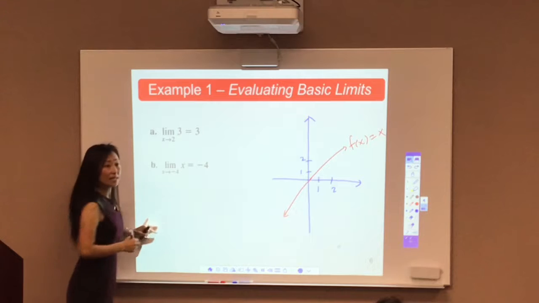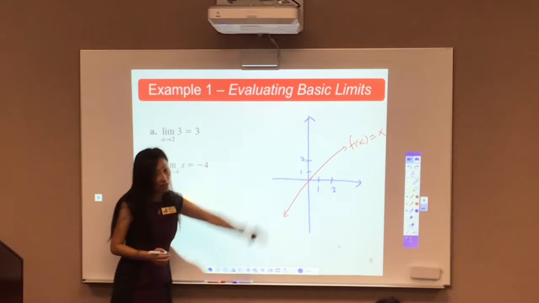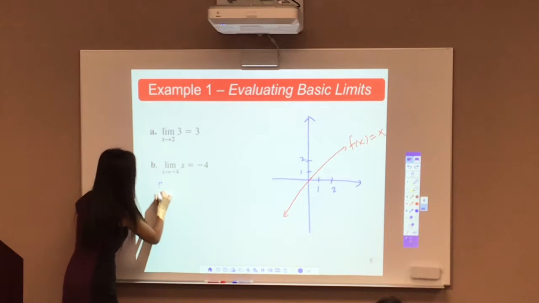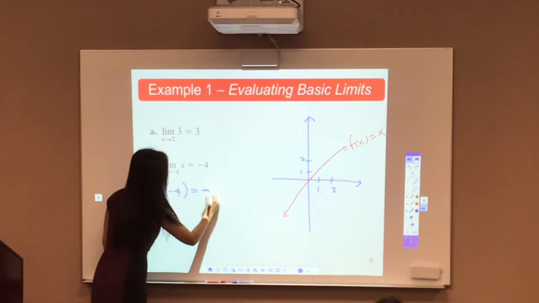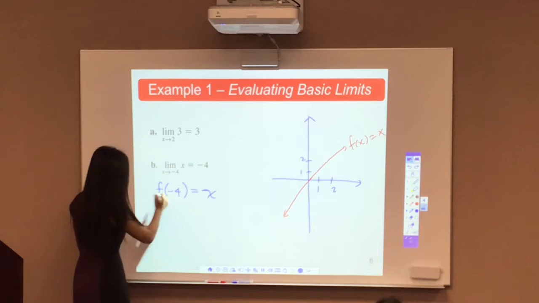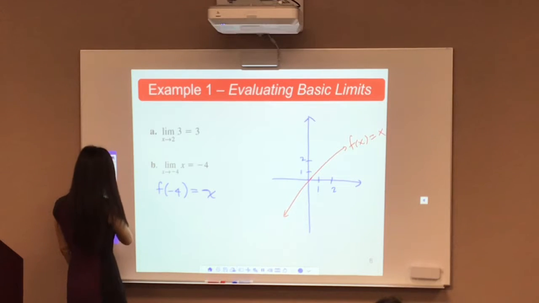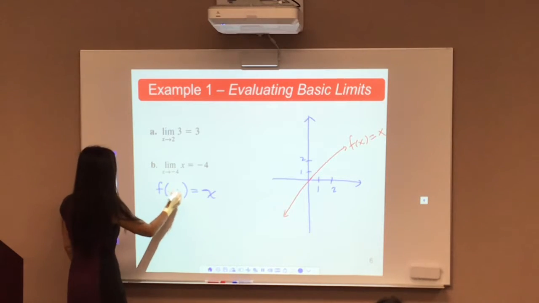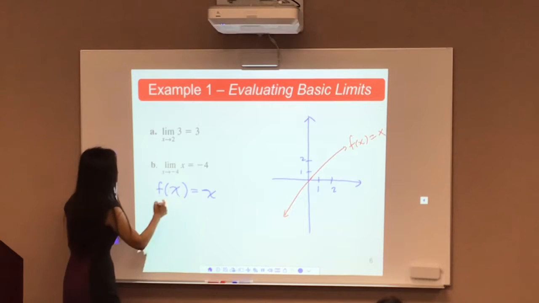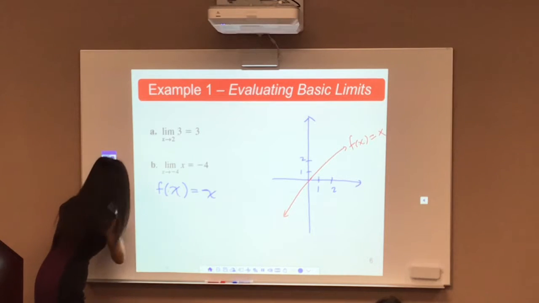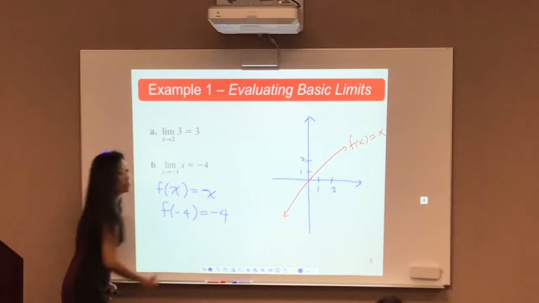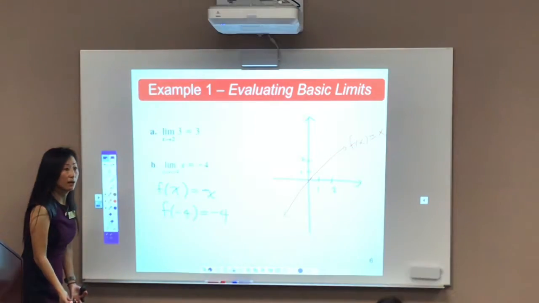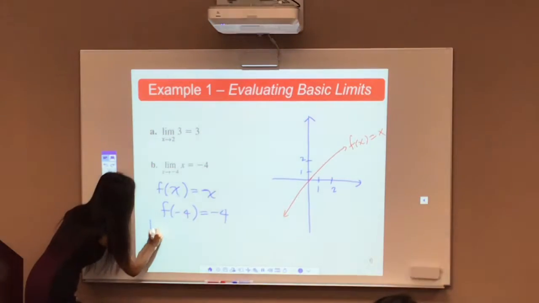I simply plug it in because this is a continuous function. So I can think of this as f of negative 4, which means what? F of x equals x. So f of negative 4 means simply negative 4. If I change my limit, then what's my other one?